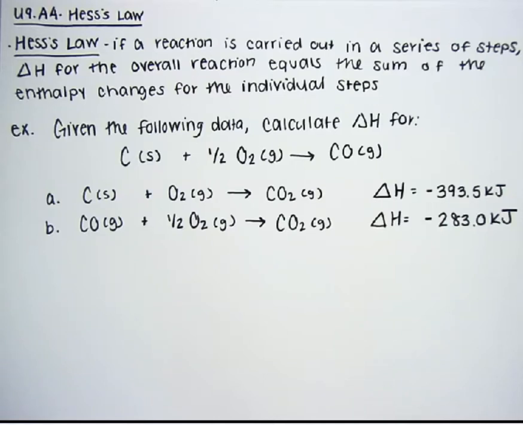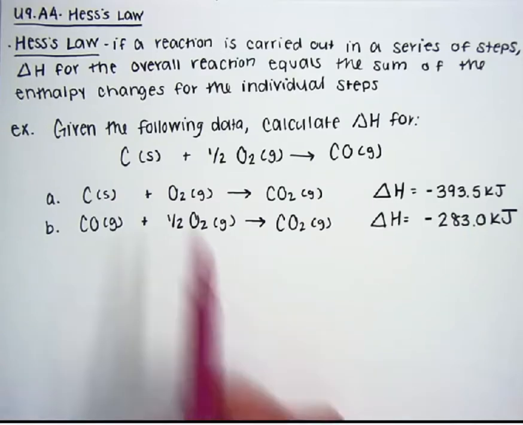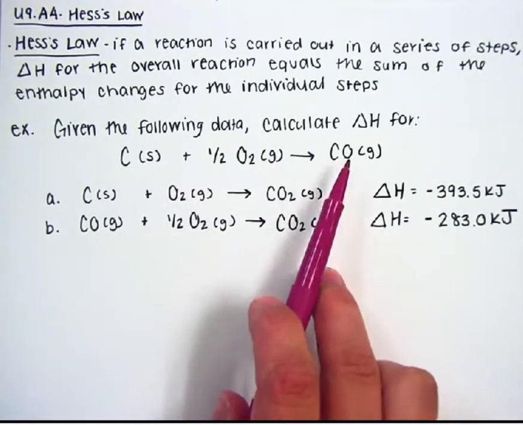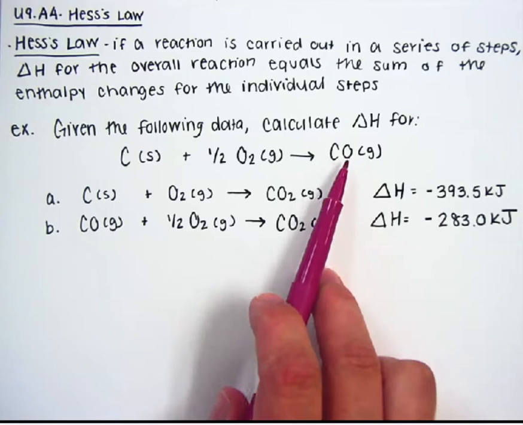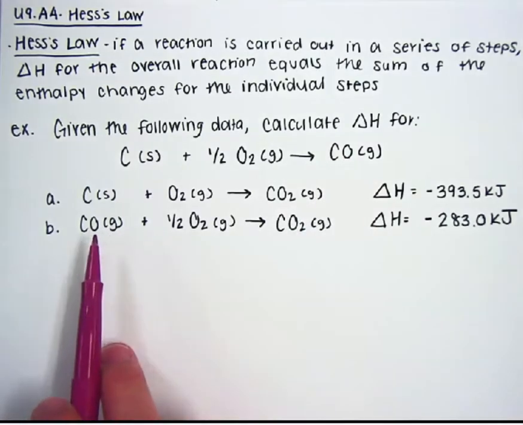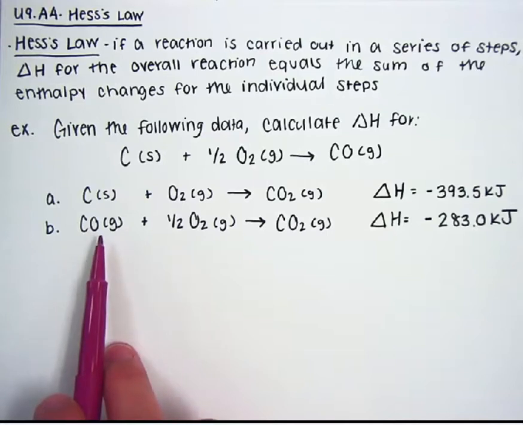Just like when we were balancing redox reactions, remember that we can cancel out anything that shows up in both the reactant and the product side. So when I'm looking at my master reaction, I see that carbon monoxide is on the product side. But over here, carbon monoxide is on the reactant side.